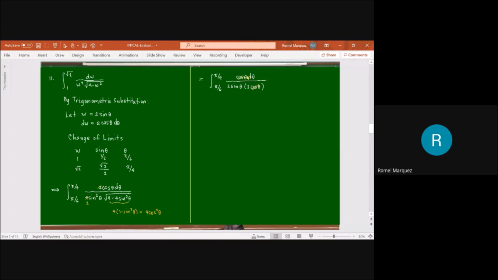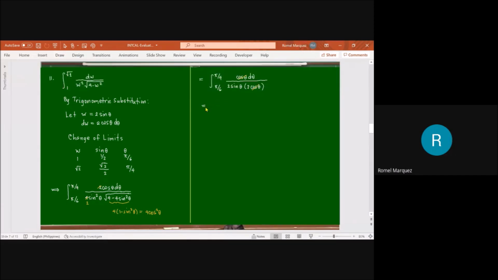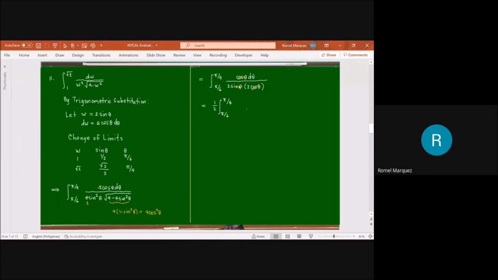Cosine theta, no? So this is equal to, guys, 1/2 integral from pi over 6 to pi over 4. Oh, what is left, guys? Ano na lang natira, children? Sine squared pala to, no? Sorry. This is sine squared.